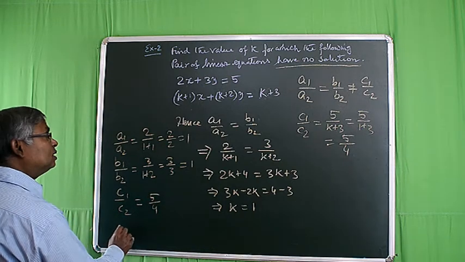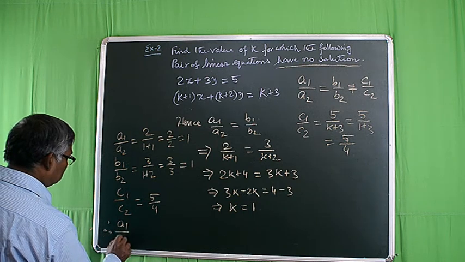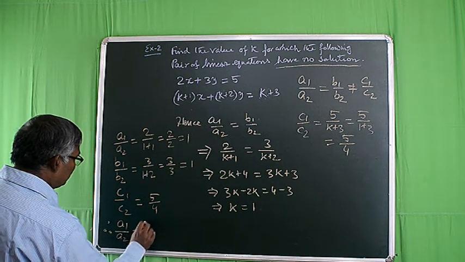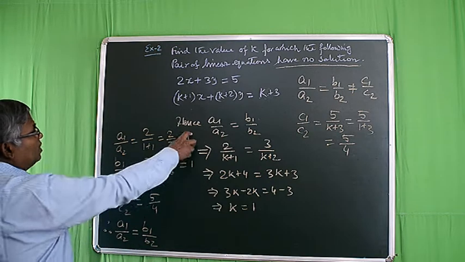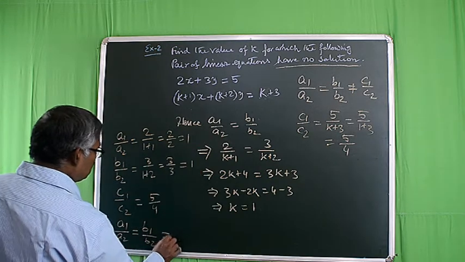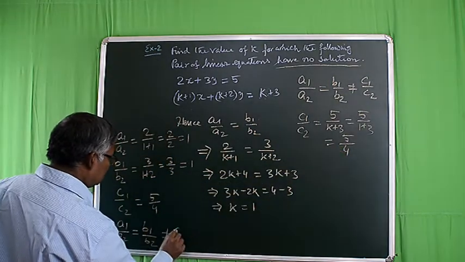Therefore we see a1 by a2 equal to b1 by b2, because both are 1, not equal to 5 by 4, that is c1 by c2.